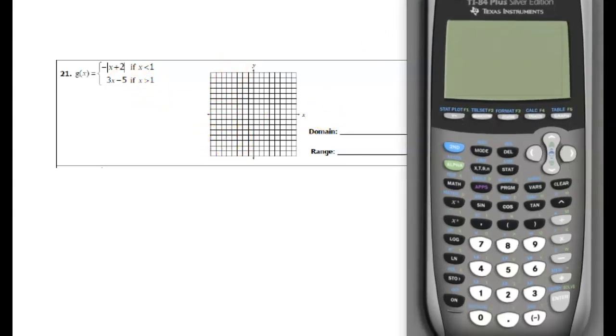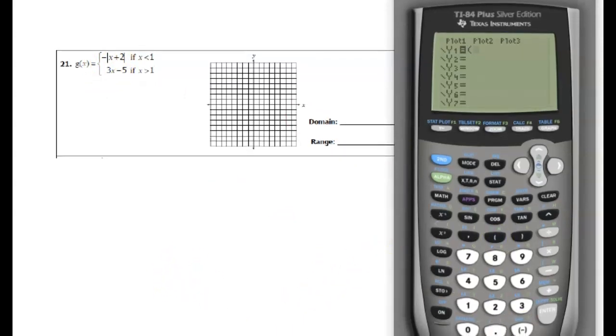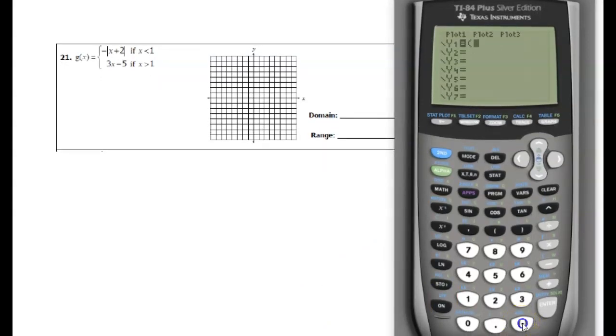So if I want to put this in my calculator, I'll clear everything out. I need to use multiplication when I enter the function in. So I'll use parentheses and type in the first part of my function. This will be a negative absolute value, so I have to hit math, scroll over, hit my absolute value of x plus 2.